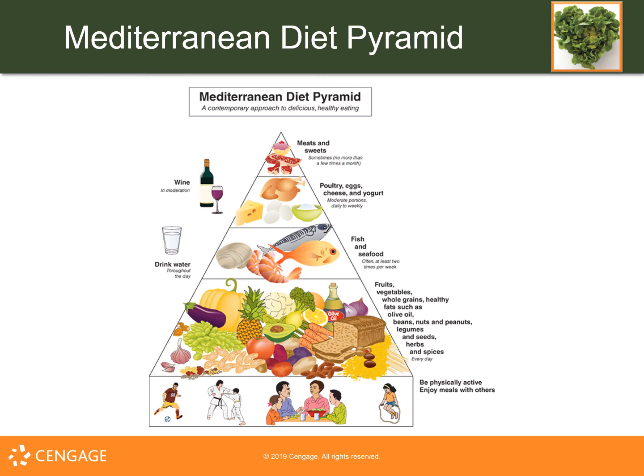The base of the diet includes lots of fruits, vegetables, whole grains, and olive oil, as well as the lifestyle aspect, which includes being active, consuming your meals with family, friends, and loved ones, and enjoying time with other people. That social connection and staying active is also very important to your overall health and diet consumption. And this concludes chapter 5.